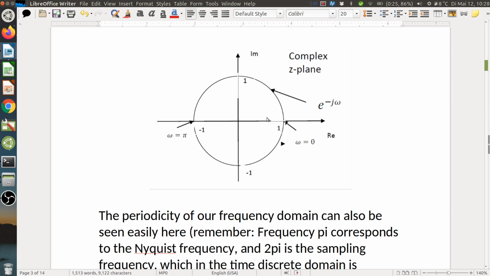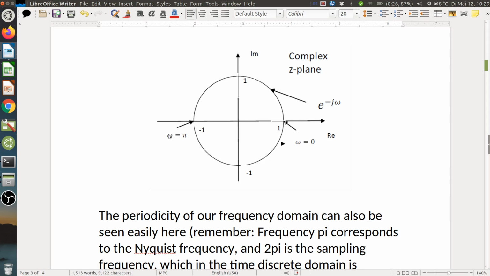So if we have a positive omega, then it goes up. And with omega equals pi over 2, we get a purely imaginary point here. So, and then if you continue, omega equals pi, you're at -1, and -1 corresponds to the Nyquist frequency.